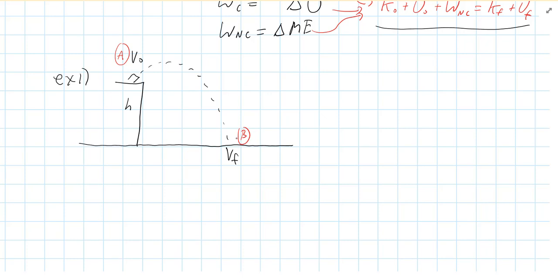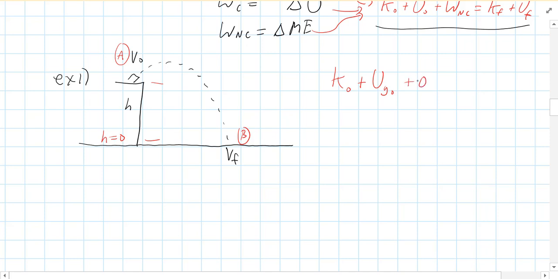At point A, when the ball leaves the cannon, it's going to have kinetic energy, so there's a K naught. It's at a starting height. Now you get to pick where you want height to be zero. I'm going to call the ground zero height. Because it starts off at a height, there is going to be gravitational potential energy at the beginning.